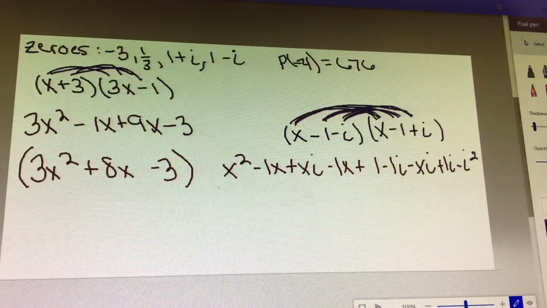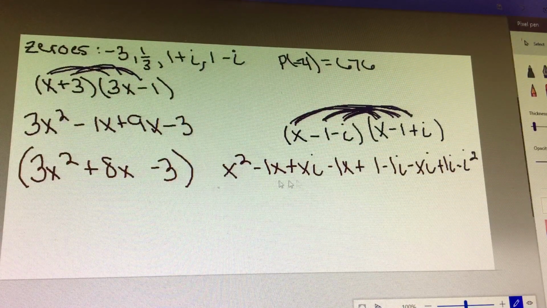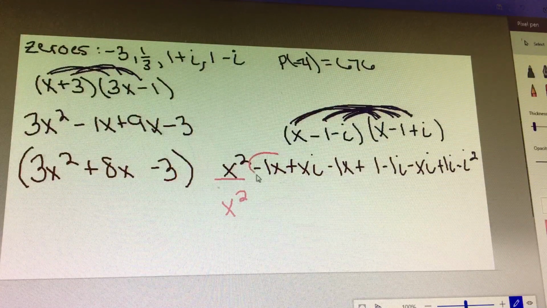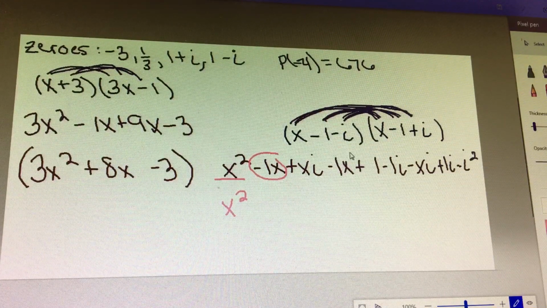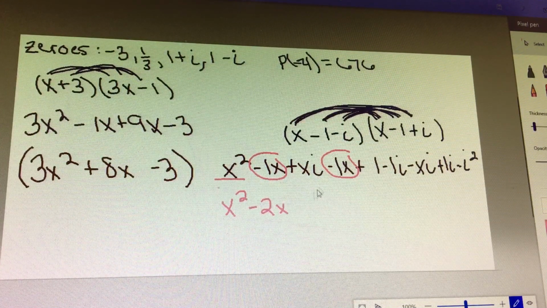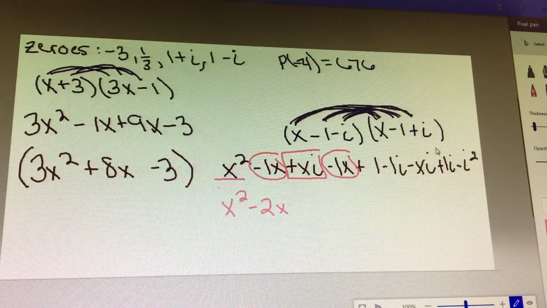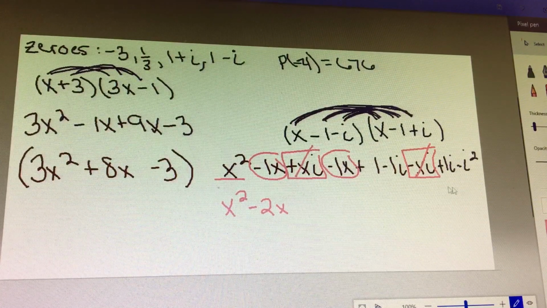Okay, so let's take a look at what we have here. We have an x squared by itself. We have a -1x and a -1x. Those are my only x's, so I have a -2x. I have positive xi and negative xi, and those cancel each other out.